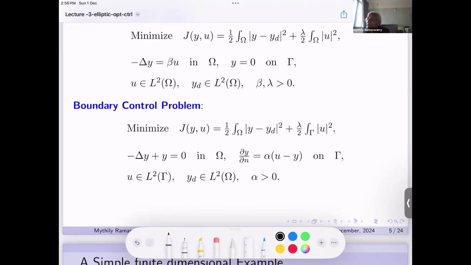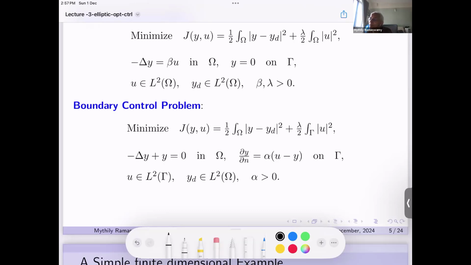So lambda by 2 integral over gamma of mod u square. And now I want the alpha times u minus y.